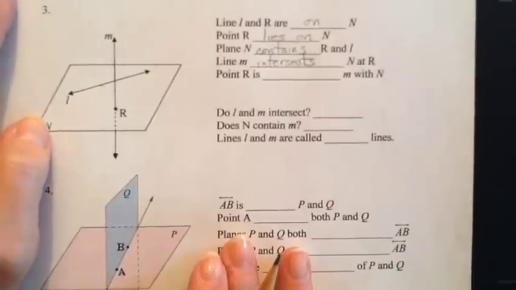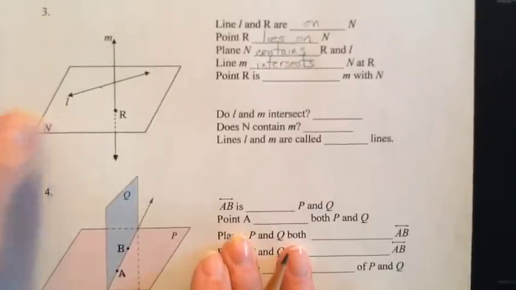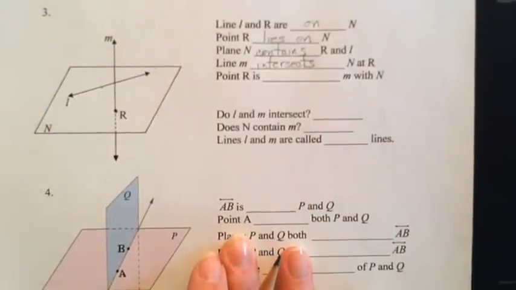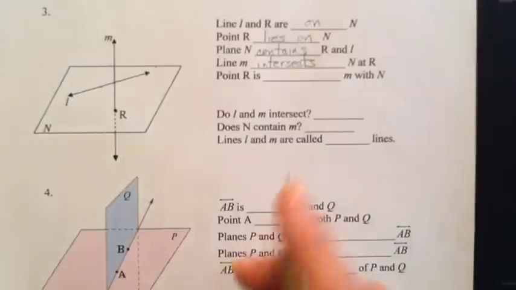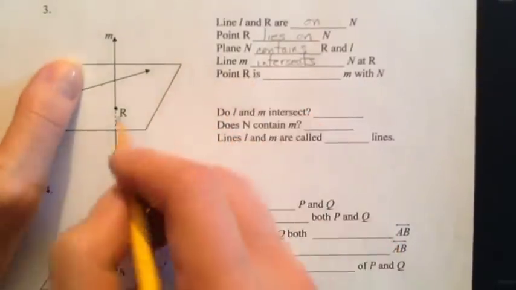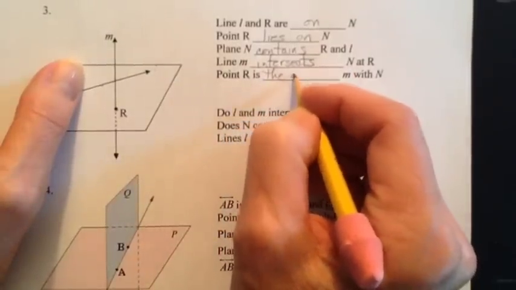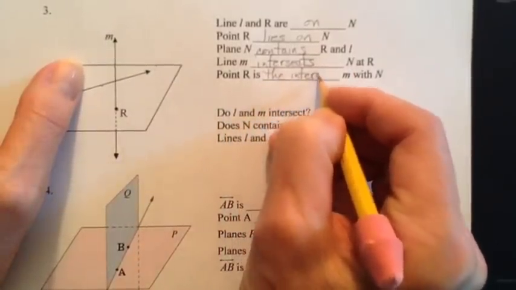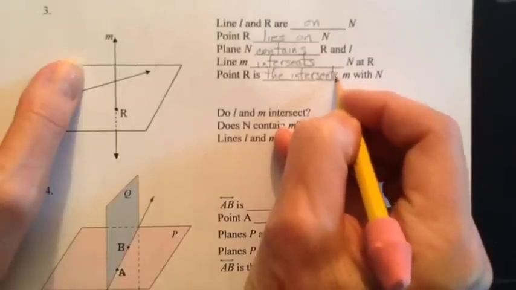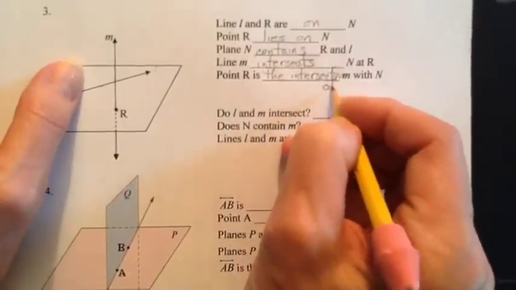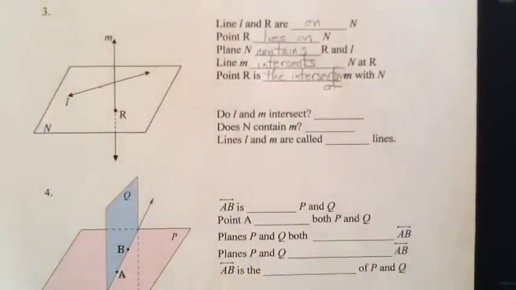Okay? Point R is the intersection of M with N. Okay?